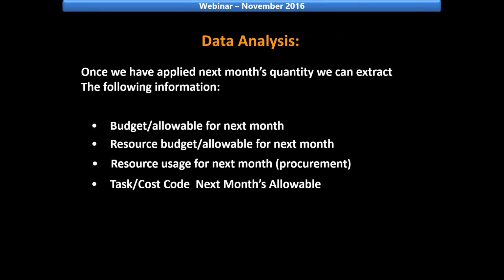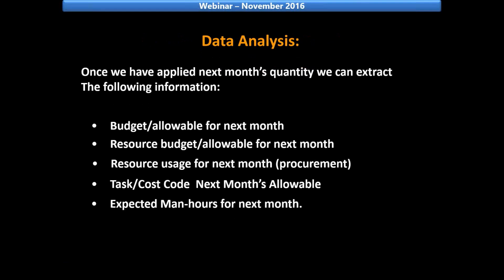We can go and view a task and a cost code next month allowable, or maybe just a task code or just a cost code next month allowable. And we can also go and set up the expected man hours for next month to achieve these planned targets.